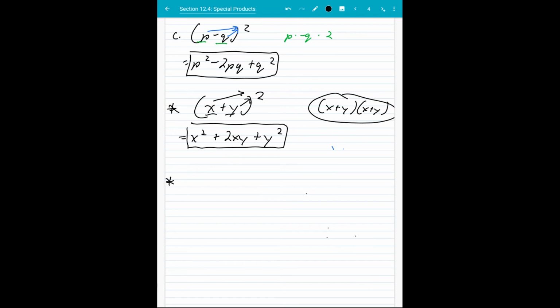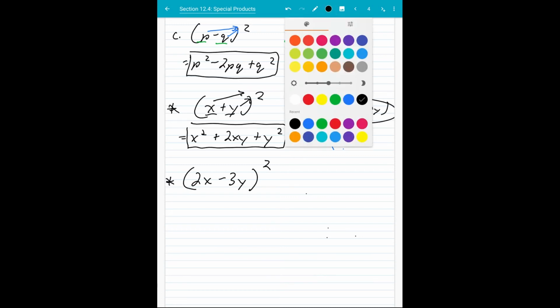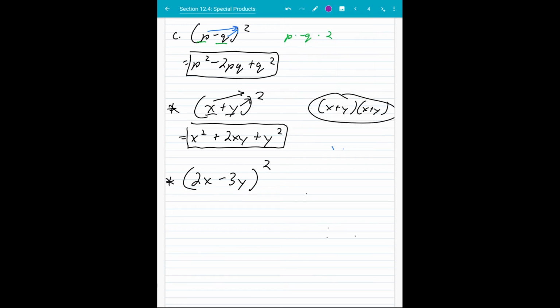Let's try 2x minus 3y. It's a little trickier, squared. I'm going to have to do this entire quantity squared. So if I do the entire quantity squared, that's actually going to give me 4x squared.